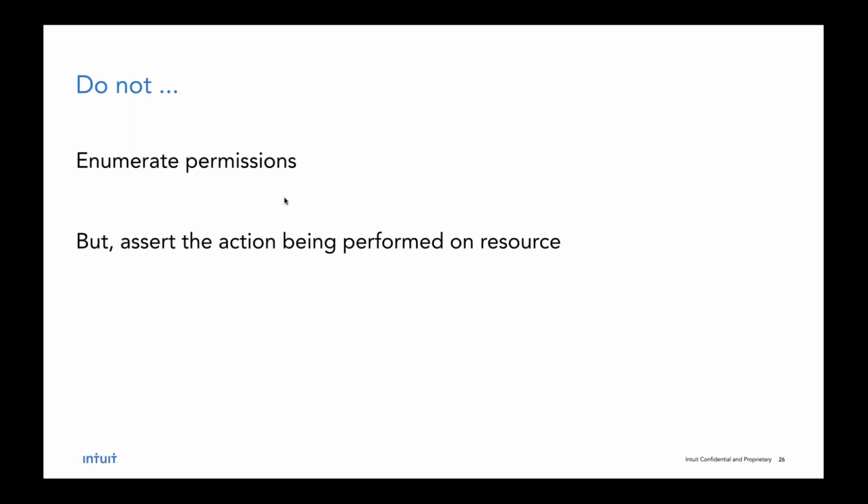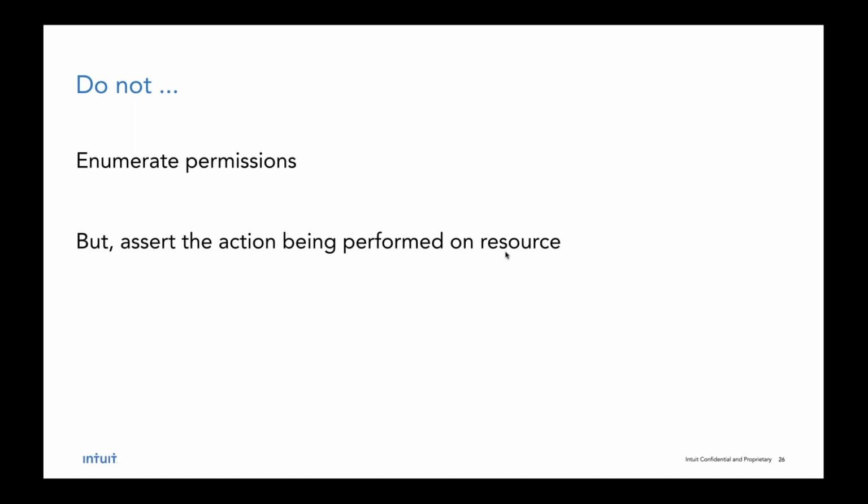One thing I would like to mention here is that for all this to work, we should not be enumerating permissions. We should not write code which says get me all permissions. Instead, we should assert the action that is being performed on the resource.